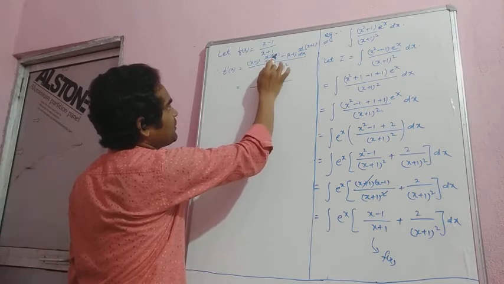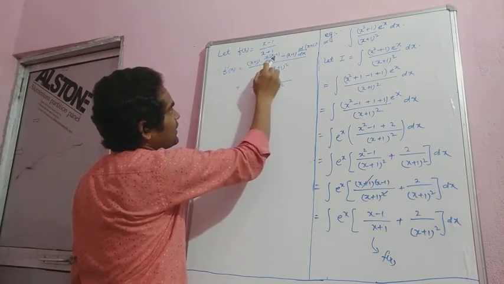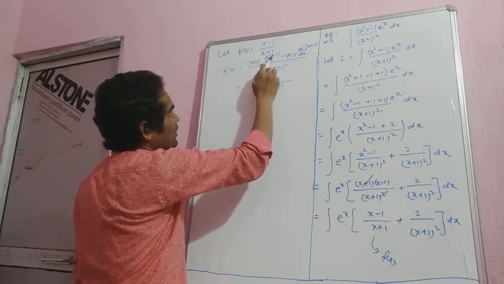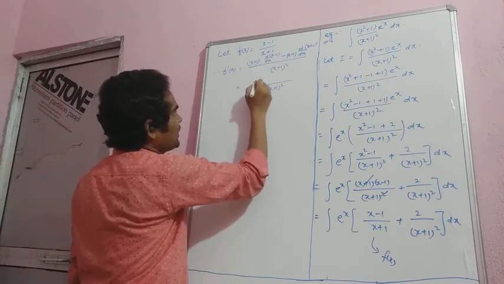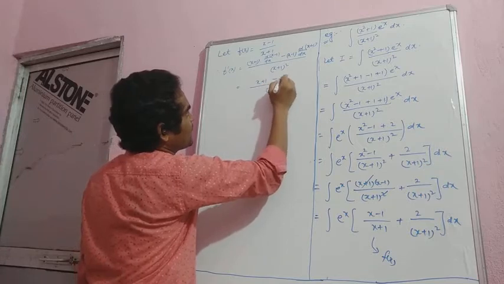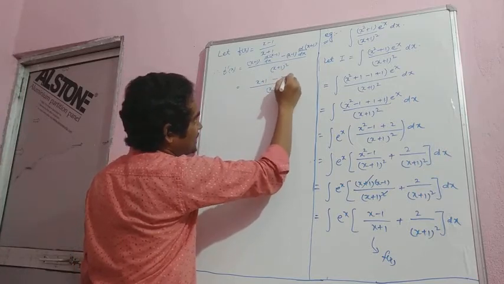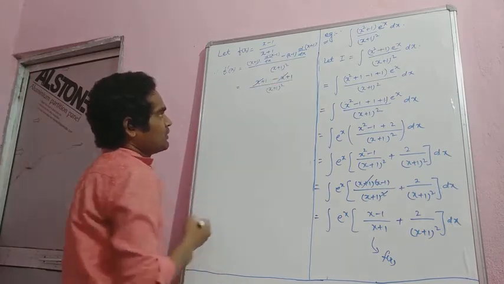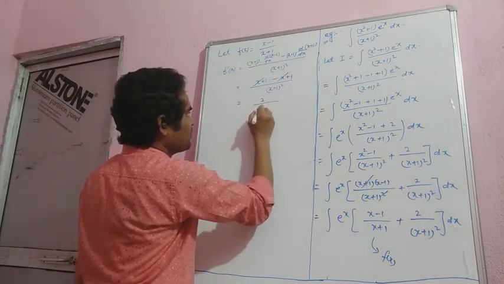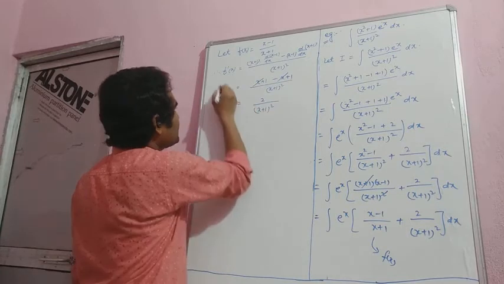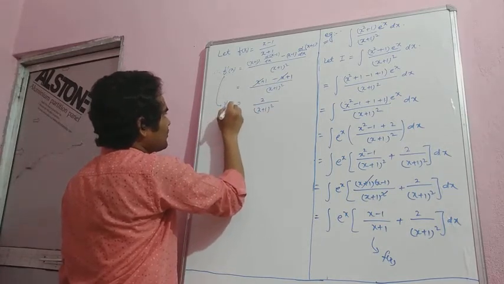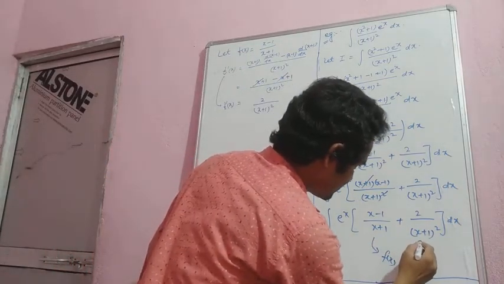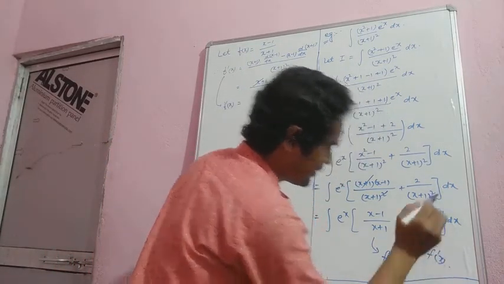The derivative of x minus 1 is 1, and the derivative of x plus 1 is 1, so we get (x plus 1) minus (x minus 1). Now this x and this x will be cancelled, which is equal to 2 upon (x plus 1) whole square. This is the value of f dash x.